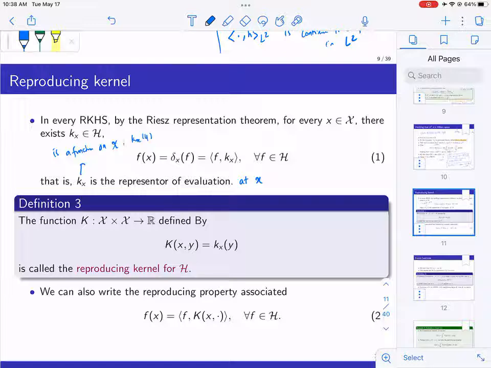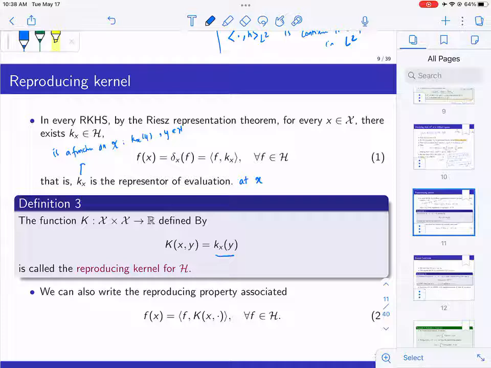There's an argument, so for every y I can evaluate it. I have two arguments, one x here, one y here. I can define a bivariate function k(x, y), which is kx(y). This is called the reproducing kernel of H.